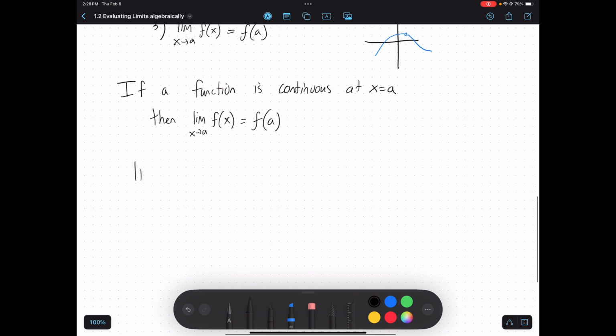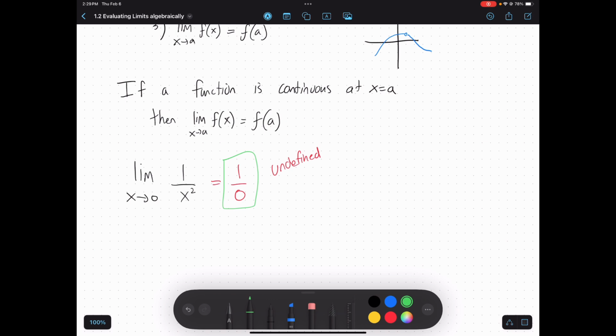But what if it's not? Consider this function, where if I tried to plug in my x value of 0, what do I get? I get 1 over 0, which is undefined. So how am I supposed to figure out this limit if I don't have a graph? Well, it turns out that this result also tells me something.